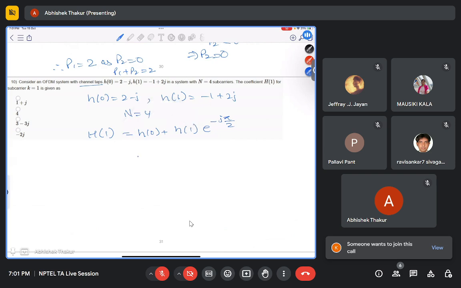So we can write this as 2 minus j plus, H1 being minus 1 plus 2j, times e to the power of minus j pi by 2, which is minus j. So this can be given as 2 minus j plus j minus 2j square, so that is plus 2, that is equal to 4. So the correct answer is option B.